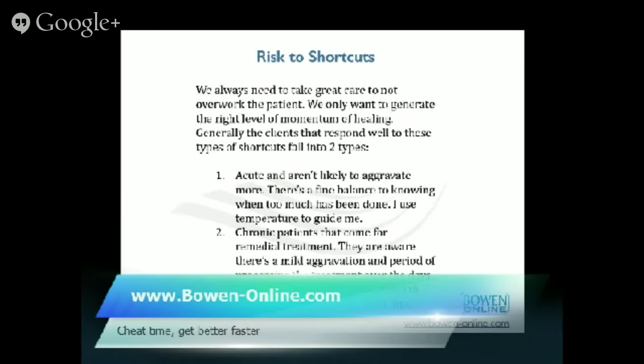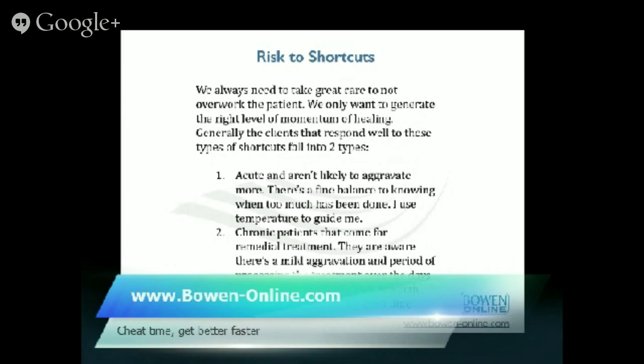It goes badly for them. There'll be an aggravation or a non-response entirely. And so managing the treatment to enable just the right level of healing is a tricky thing to do.